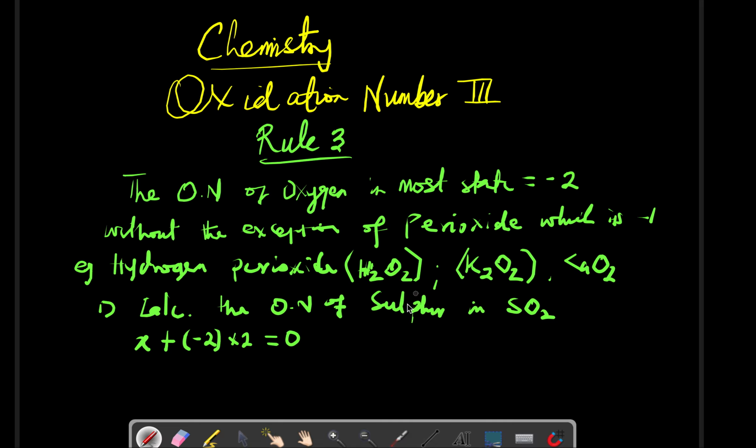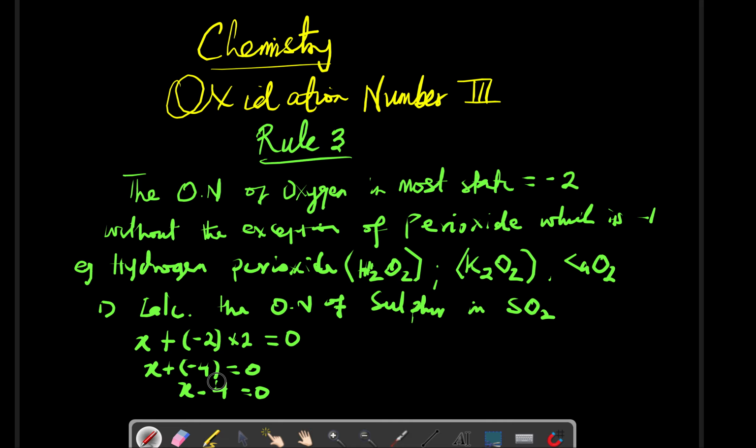Another rule with that, I will do in the next video. So in this case, -2 times 2 will give us -4. So it is x plus -4 equals 0. You know that plus times minus is minus, so you get x minus 4 equals 0.